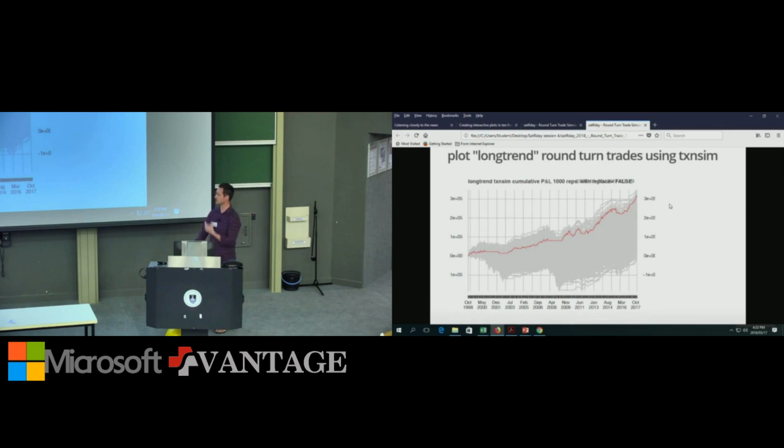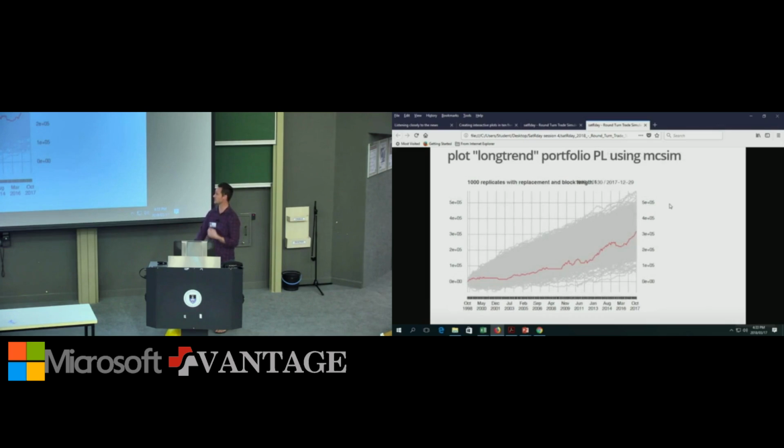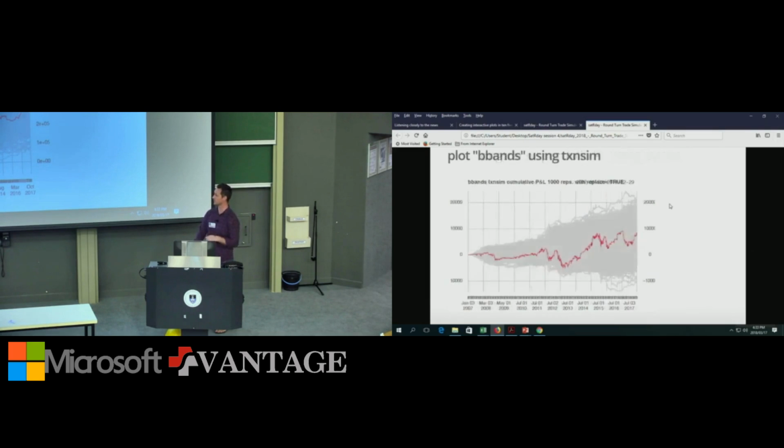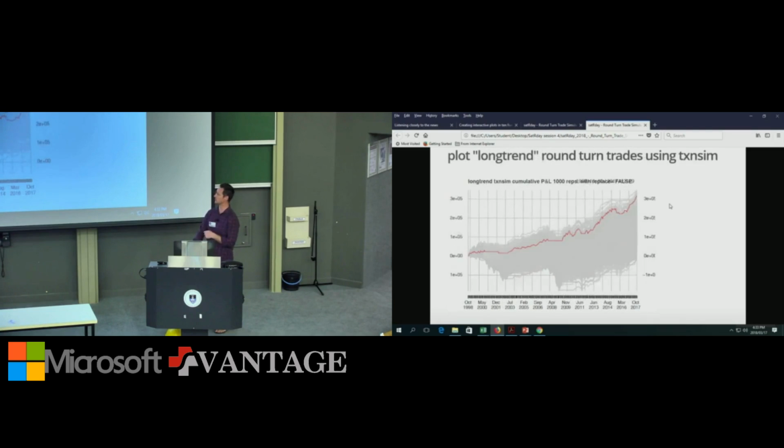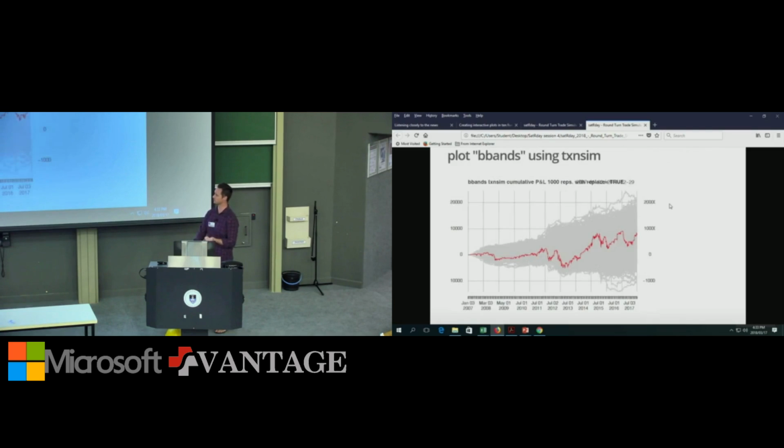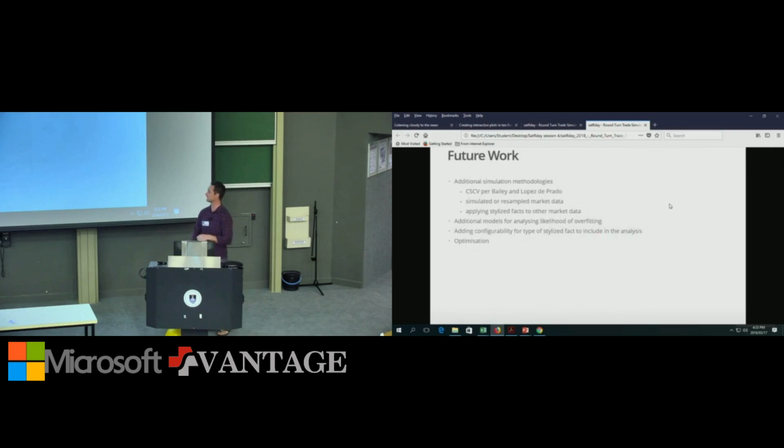You can see that the strategy in the red line does really well compared to its random replicates. This is a plot of the same long trend demo, but just simulating daily portfolio P&L. This is B-bands using transaction sim. Obviously, compared to long trend, it fares much worse compared to its random cousins.